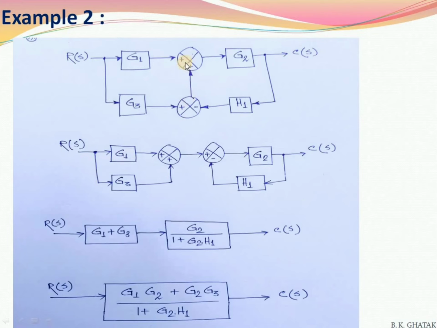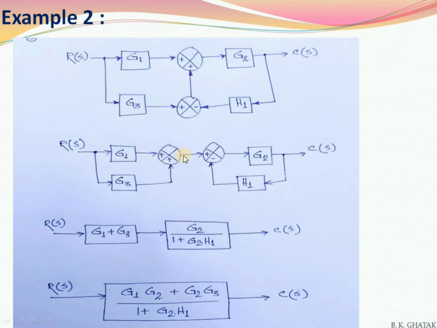Clear? So we mark this summing point as S1 and this summing point as S2. So S2 should be after S1. So where do we apply R(s)? R(s) goes to the G1 block and the G3 block. Then both blocks' outputs are fed to summing point S1.